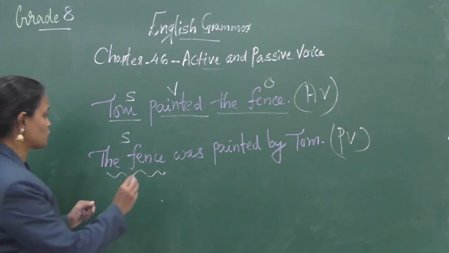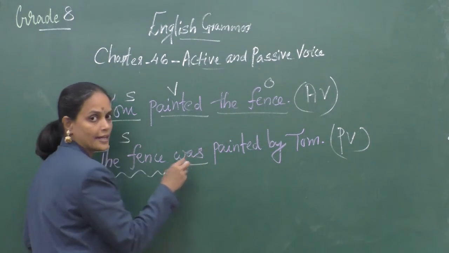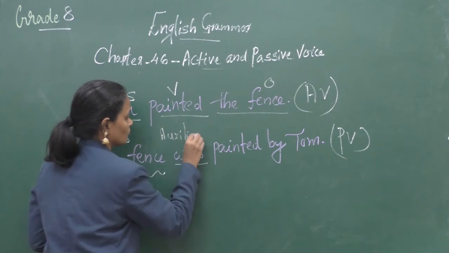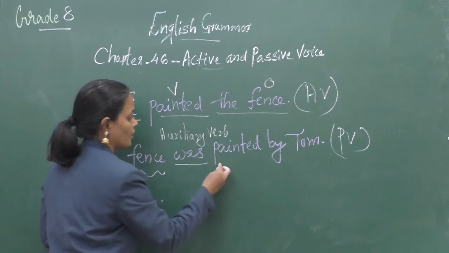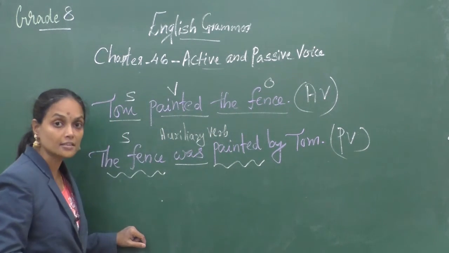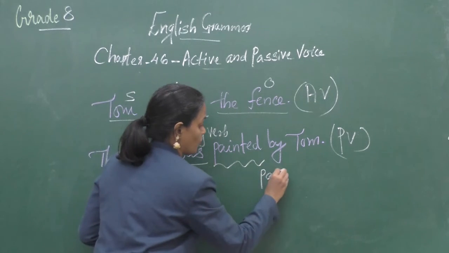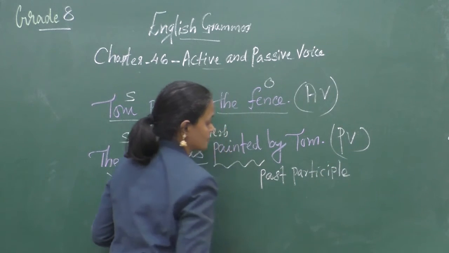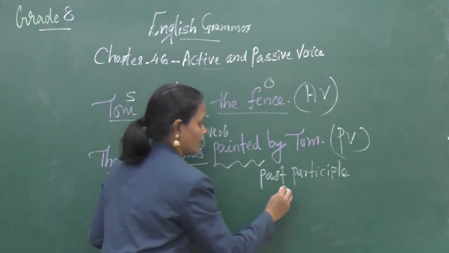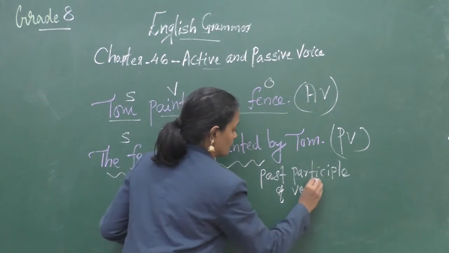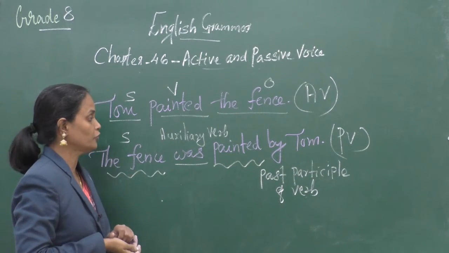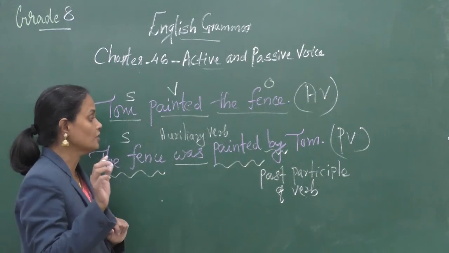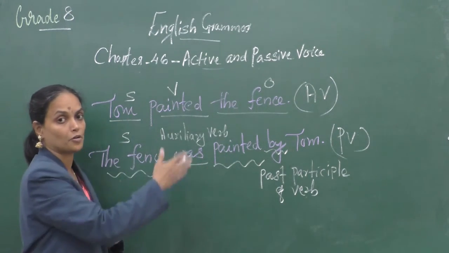Okay, so I will write the structure here. Subject, was, as we know, the auxiliary verb, right? Painted is the V3 form, past participle form of the verb paint, the third form of the verb, and by is the linking word or connecting word that connects the subject and object part of a sentence.